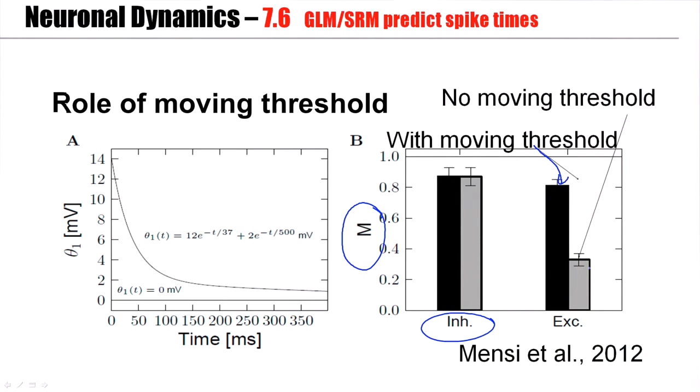Note that the filter eta could also be used to optimize this quality factor m of spike times. However, then we would lose the possibility to describe the subthreshold membrane potential. So we need a separate eta for the subthreshold membrane potential and have theta 1 for optimizing the spike time prediction.